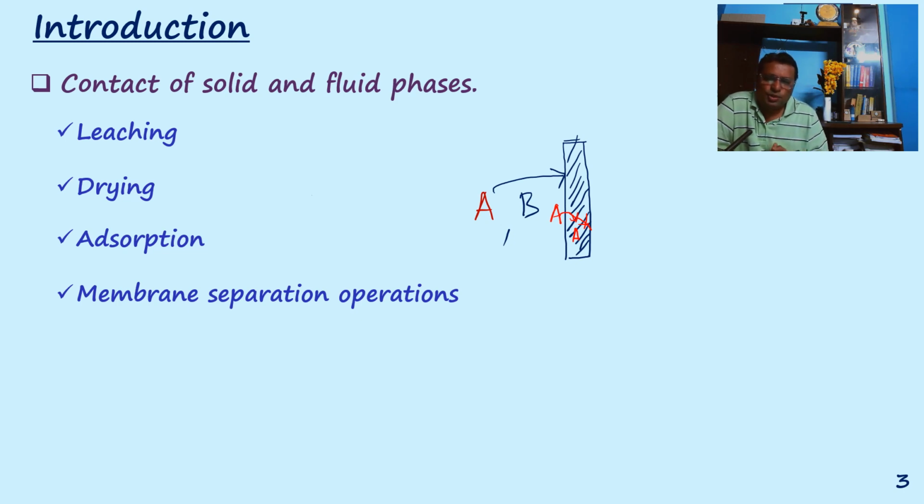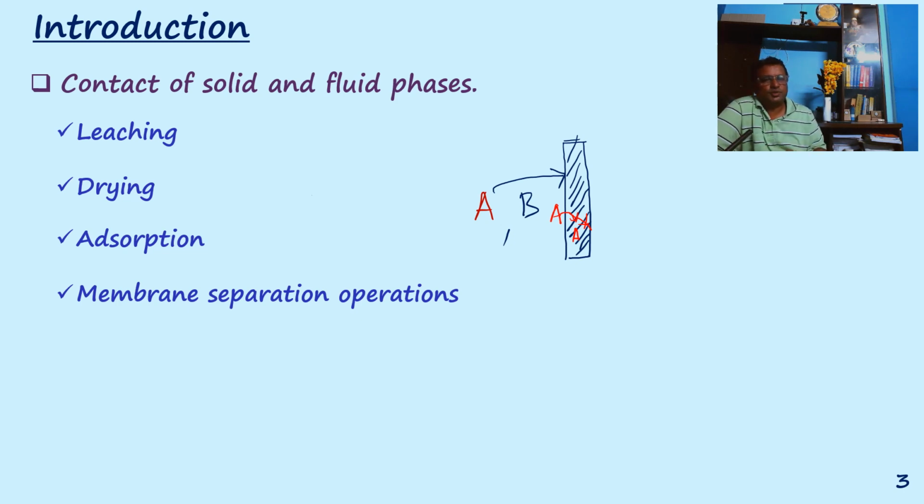These are the most important examples where you have contact of solid and fluid phases. So in each of these cases, you need to have some knowledge of diffusion through solids, or you should know how diffusion through solids occurs in order to find out the rate of the process, the rate of mass transfer that is involved in these processes.